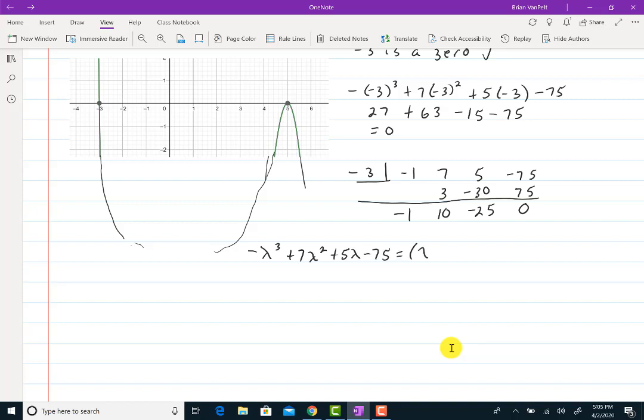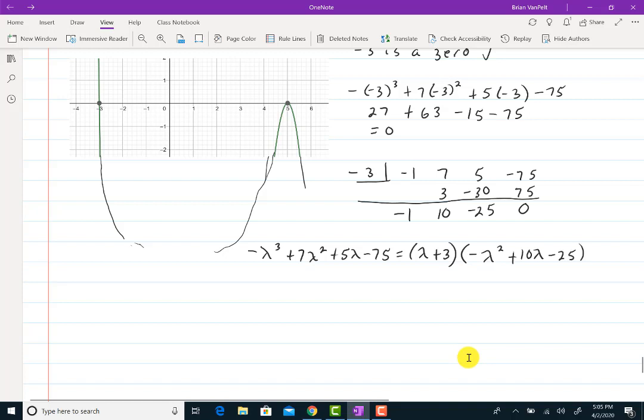Since I know that negative 3 is a 0, I know that one factor is lambda plus 3. I know the rest of it here. These give me the coefficients for what's left over. So I have negative lambda squared from the negative 1, there it is, plus 10 lambda minus 25.